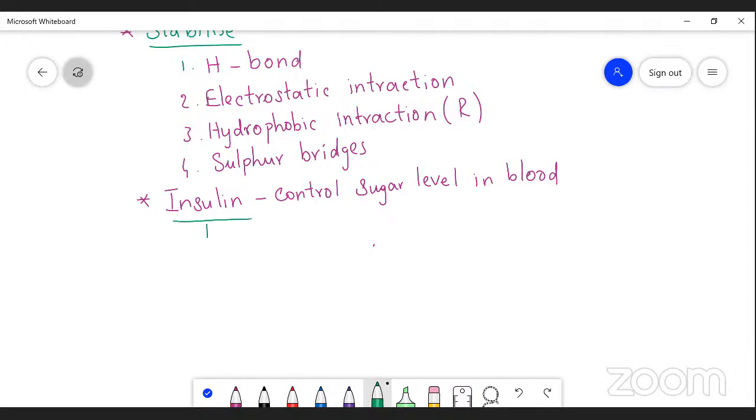So insulin contains sulfur bridges. So sulfur linkages stabilize the tertiary structure of insulin.